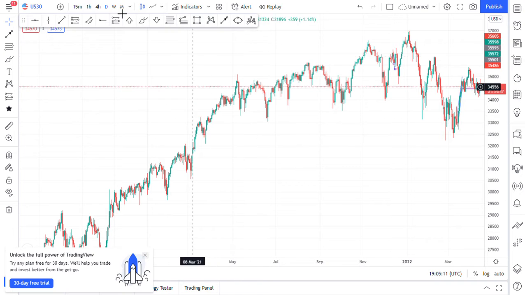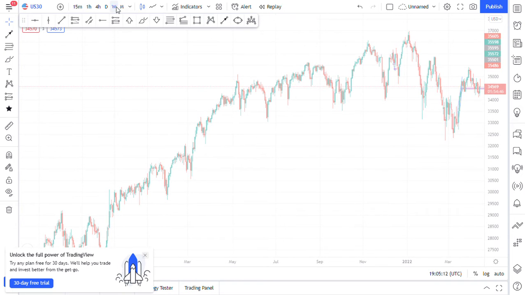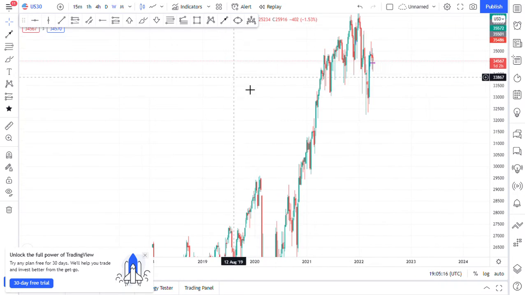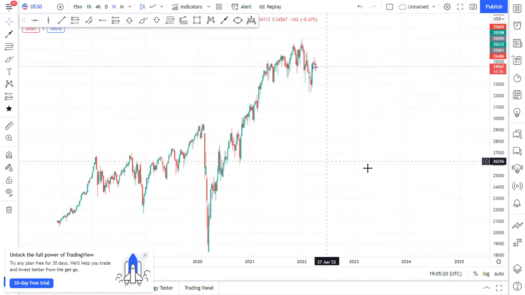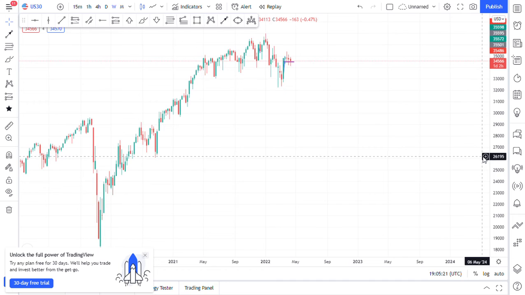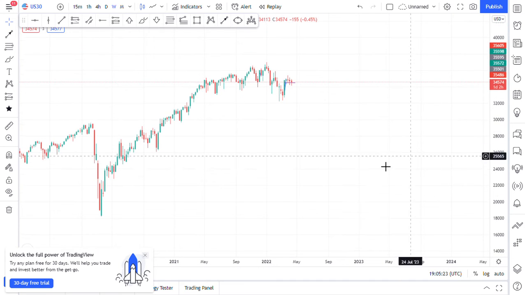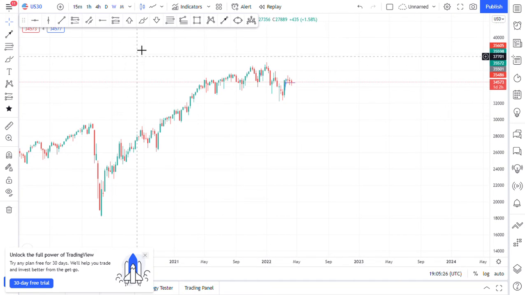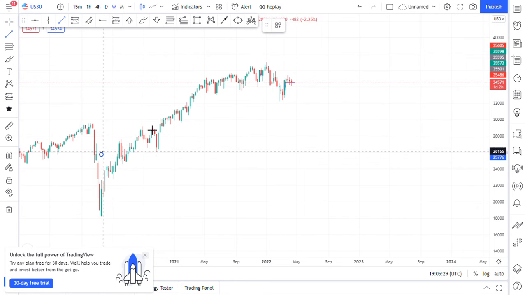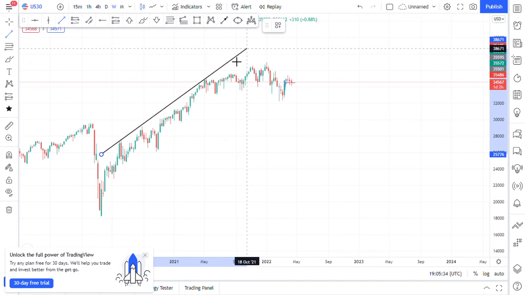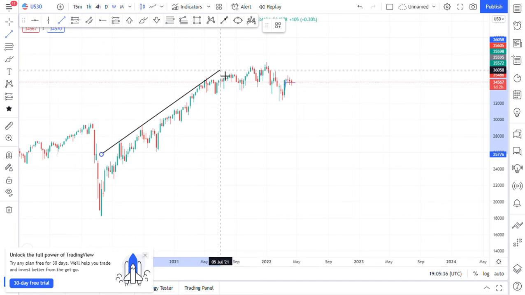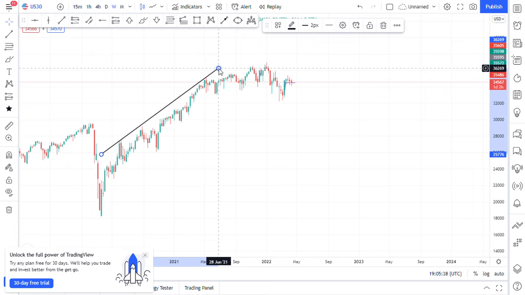Let's use the weekly. Using the trend strategy, we can actually know what was going on in this market, where we would have gotten good entries, the best entries, and what we're expecting to do at certain points.